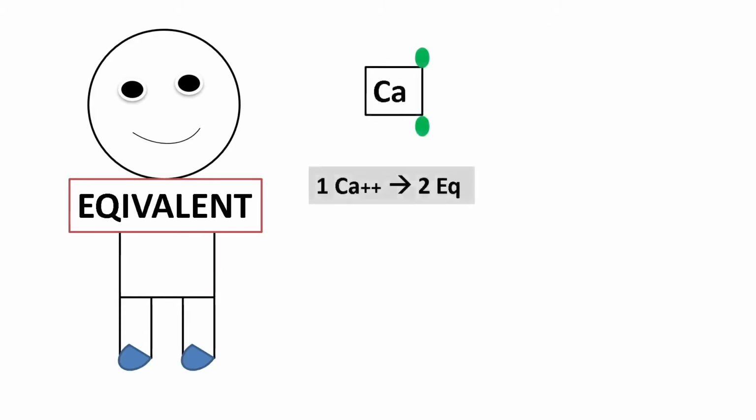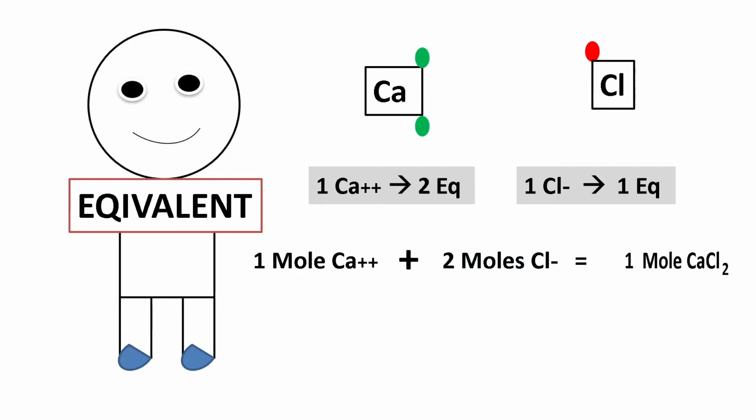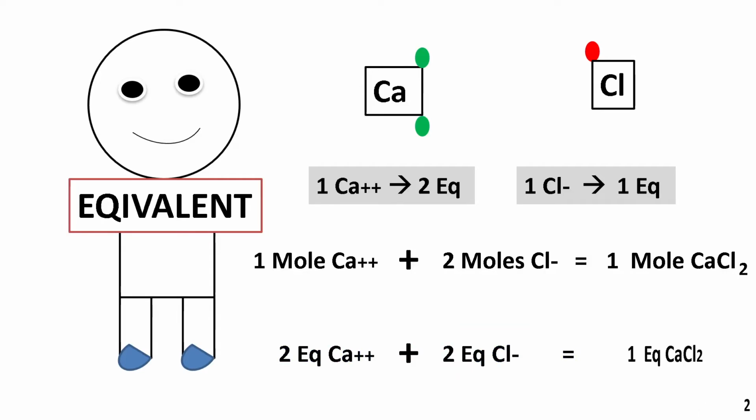Here, you will be able to see the equation of calcium chloride in moles and in equivalents. 1 mole of calcium reacts with 2 moles of chloride ions to form 1 mole of calcium chloride, whereas 2 equivalents of calcium will react with 2 equivalents of chloride ions to form 1 equivalent of calcium chloride.